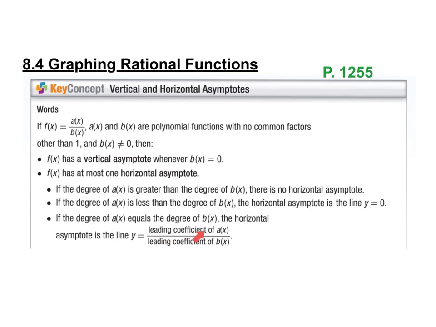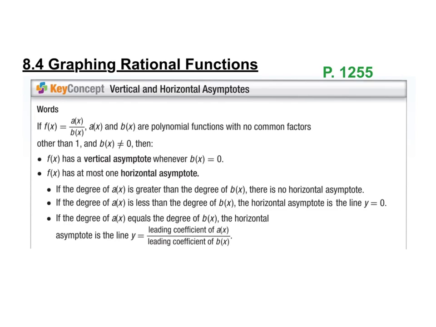What you end up doing is you divide the leading coefficient of the numerator, the coefficient that goes with the highest degree, by the leading coefficient of the denominator, the coefficient that goes with the highest degree on the bottom. Then you have this constant, and y equals that number, and you'll get a horizontal line that way.